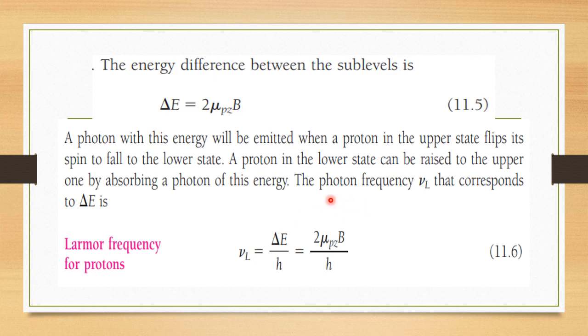We know the photon energy is E equals h nu. The photon frequency nu L corresponds to delta E, so nu L equals delta E by h, which equals 2 mu PZB by h. This frequency is called the Larmor frequency for protons.